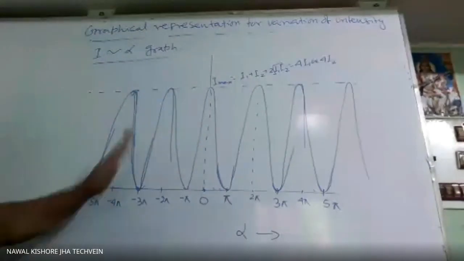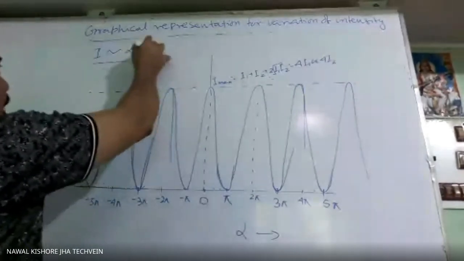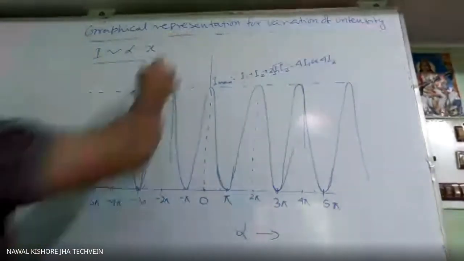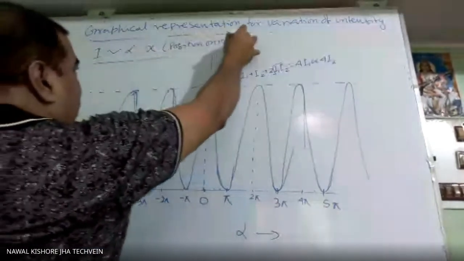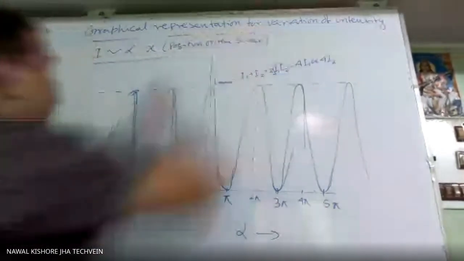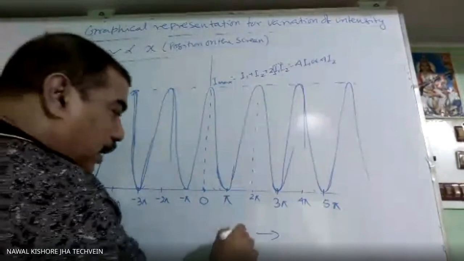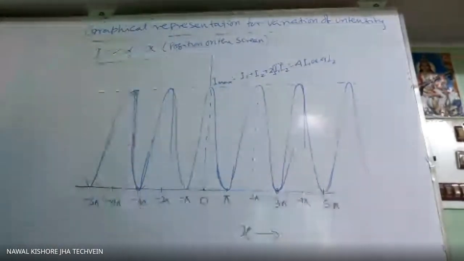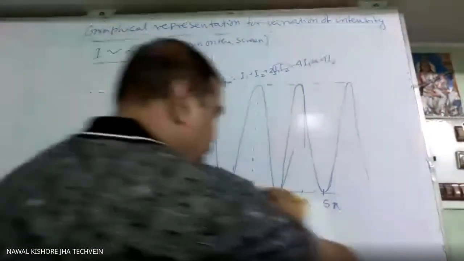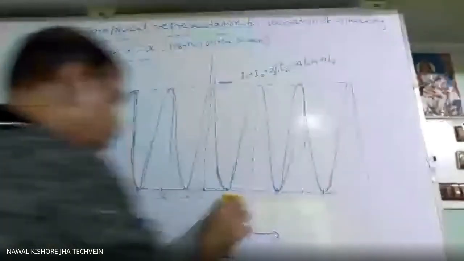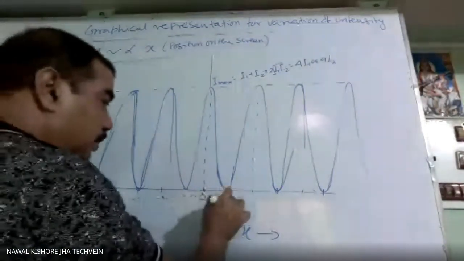Now the nature of the graph will be the same. If you are asked for the I versus X graph, X means what? The position on the screen. Then what will come? If this is X, this axis will change. If this is 0, this will be beta by 2.